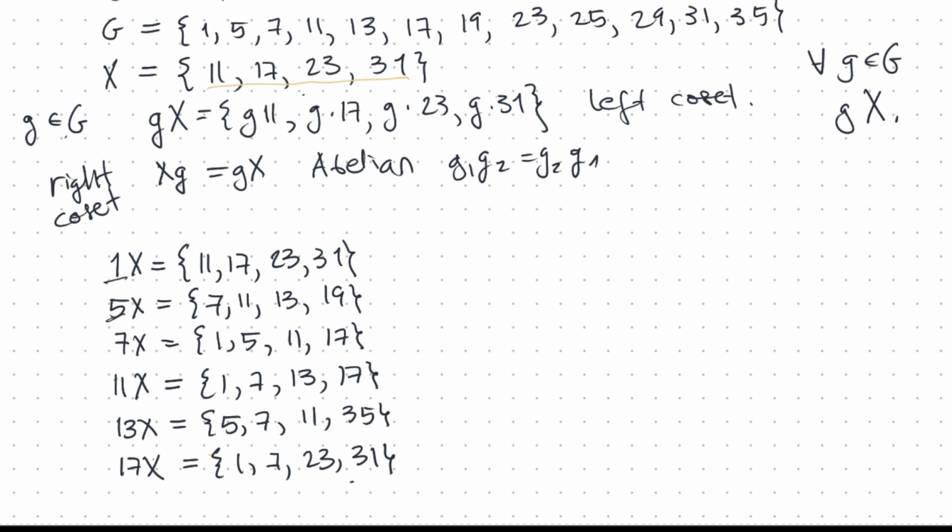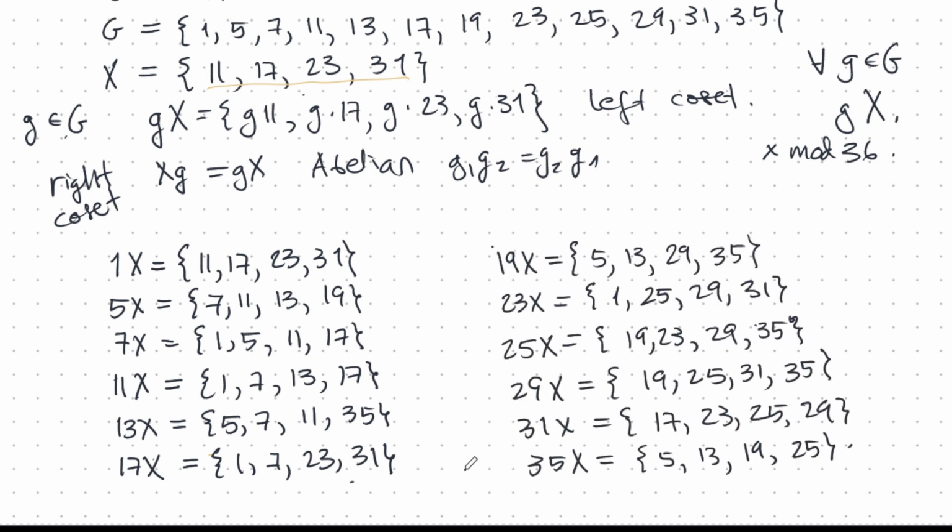I remember to use multiplication mod 36, so all of my numbers remain from 1 to 35. That was a lot of work, and this is what I get.